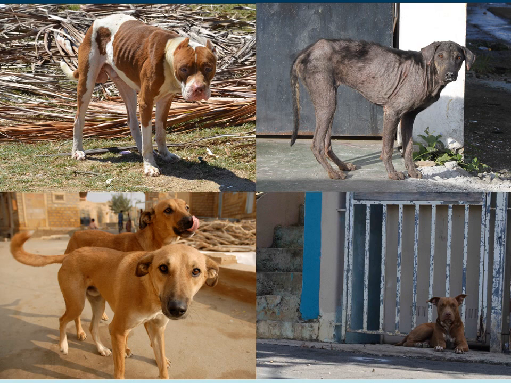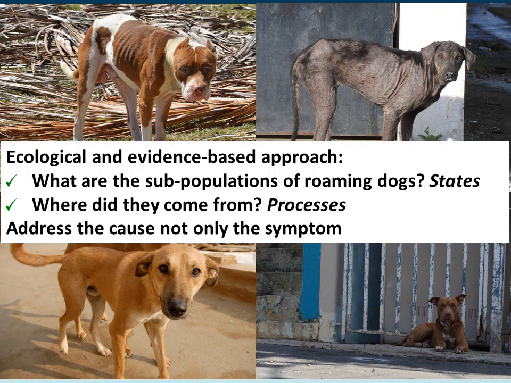So what's the alternative? The ICAM Coalition in particular have been promoting an ecological and evidence-based approach, starting with the question, what are the subpopulations of these roaming dogs? So don't consider them as one amorphous mass. And perhaps most importantly, where do each of these dogs come from?